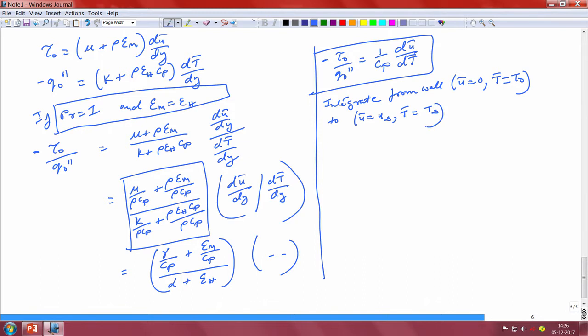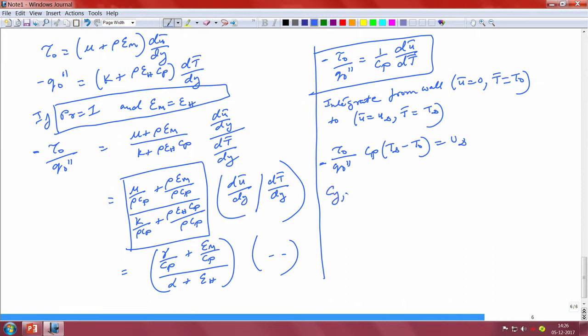If you integrate across those two limits, okay, what you are going to get is t naught minus q naught double prime Cp divided by t infinity minus t naught is equal to u infinity.